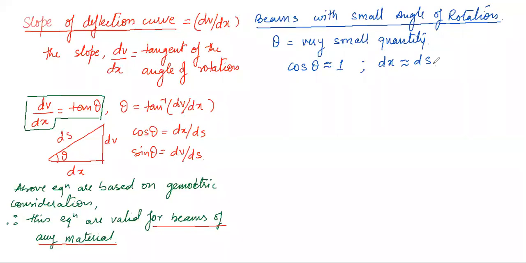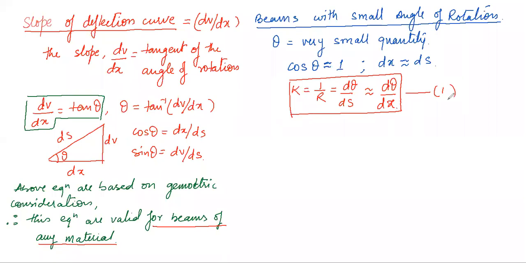If ds equals dx, then the curvature k, which we defined as the ratio 1 by r, which is also the ratio d theta by ds, now with theta very small ds can be equivalent to dx. So d theta can also be written as d theta by dx. This is the first equation we obtain from this expression.